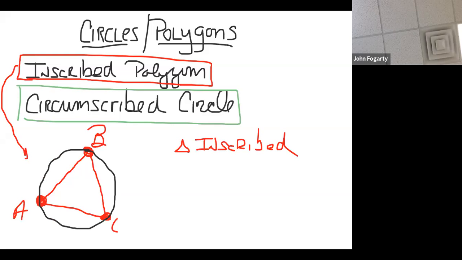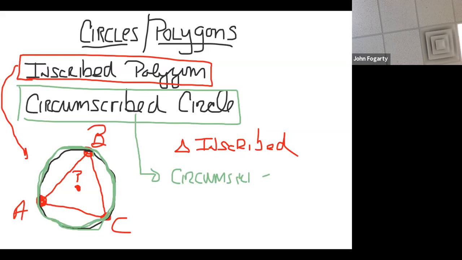Now, if you look at the circle, I'm going to call it circle P, right? If you look at the circle, what do you know about the circle? Well, if I look at this circle really carefully, all of the vertices of that triangle are on my circle P. So what I say is that P is circumscribed.